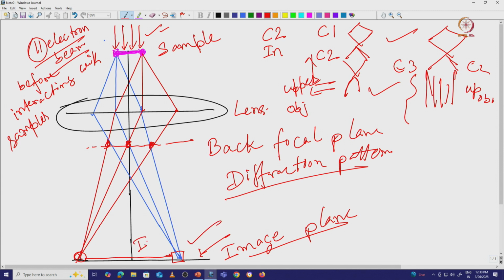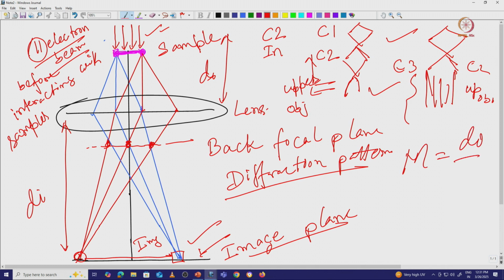So, this is our image. Now, if you calculate this distance, this will be d0, we already discussed that, and this will be our di. So, if we want to calculate the magnification, it will be di by d0, and this is called the focus of that lens.